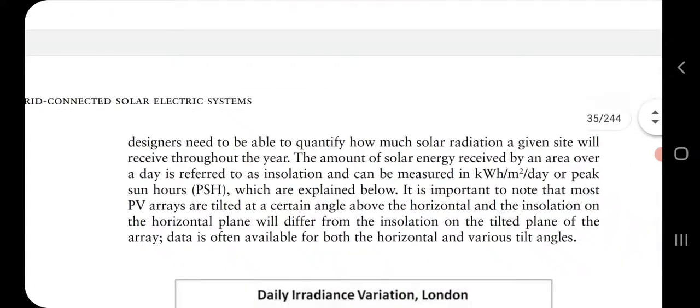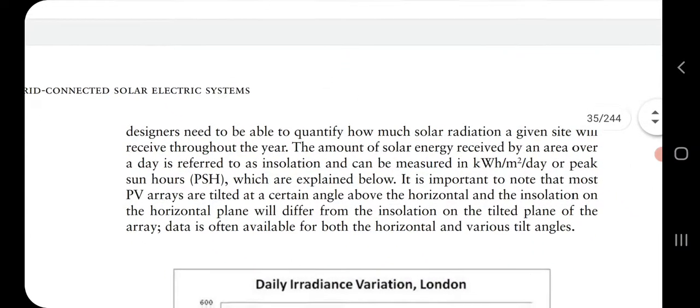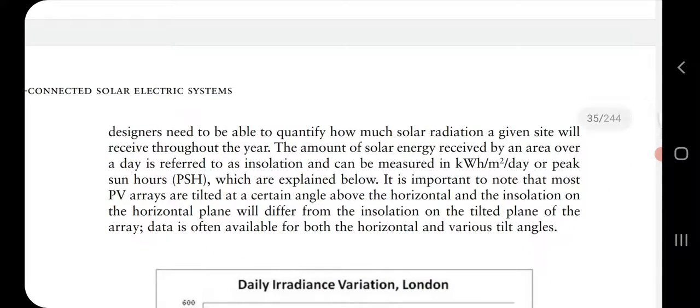So the designers need to see how much radiation a site will have. For example, if they select a site and want to install solar PV cells, they will take the data throughout the year and check how much radiation and sunlight they are going to get. If it is good, only then will they install the solar panel.